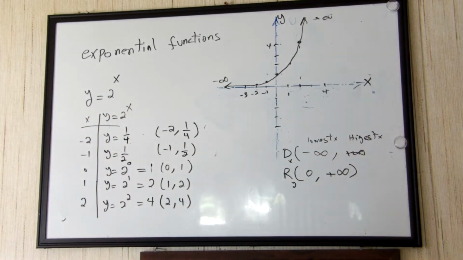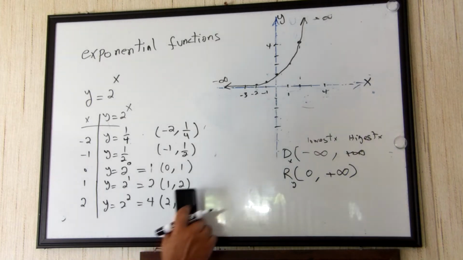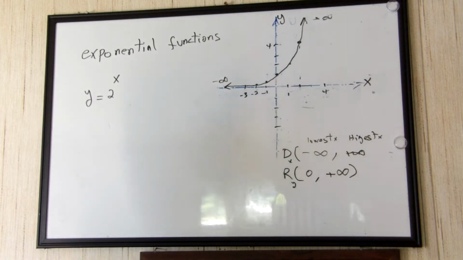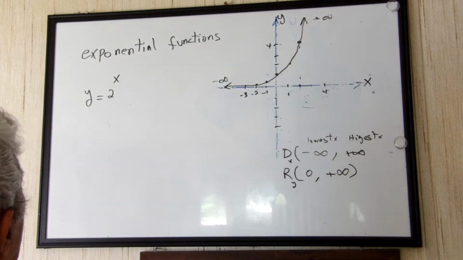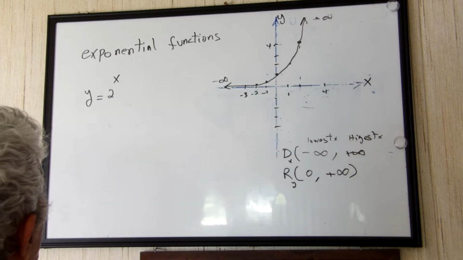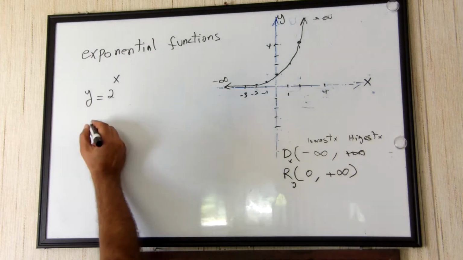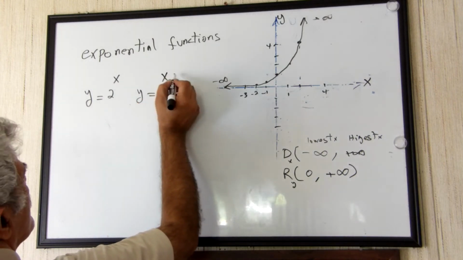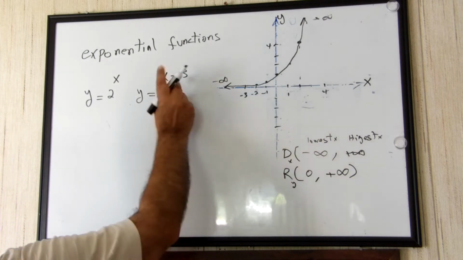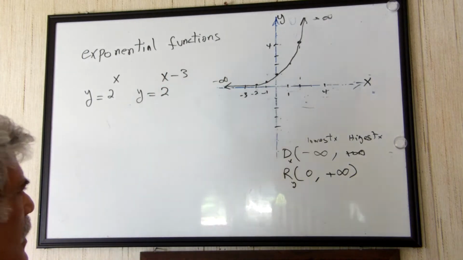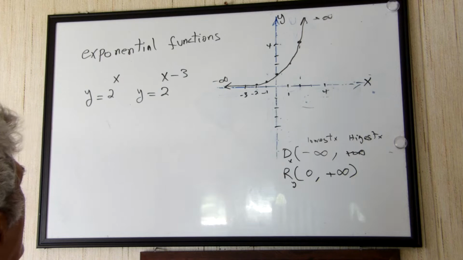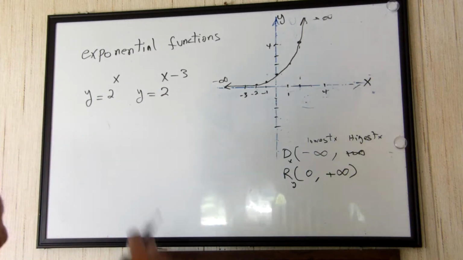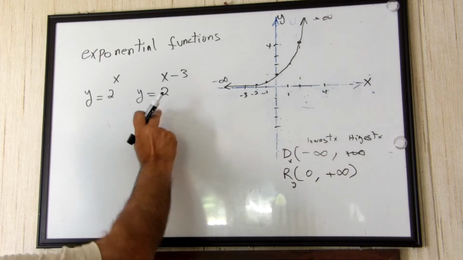Now let's talk about more examples. Like a more complicated one: y is equal to 2 to the power of x minus 3. Let's see what we do when transforming from the previous function to this one; it's easy.